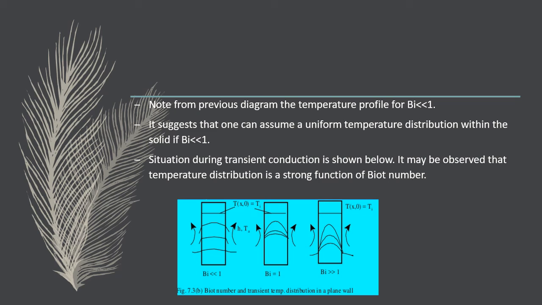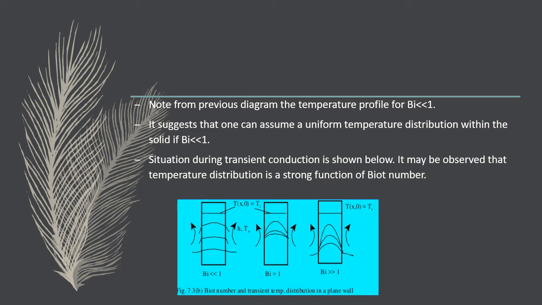It may be observed that temperature distribution is a strong function of the Biot number. Here are some figures of the Biot number, where the first figure shows that the Biot number is very much less than 1, the second figure shows Biot number is equal to 1, and the third figure shows Biot number is very much greater than 1.